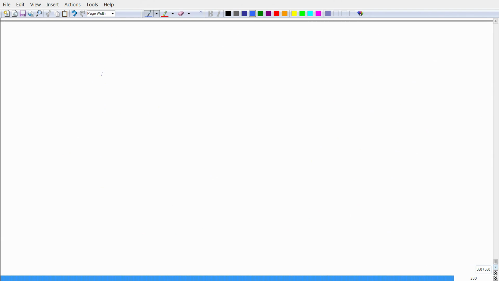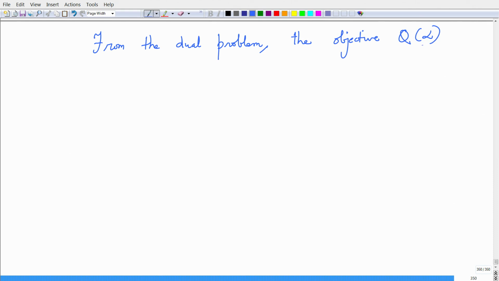Now, from the dual problem, we can set up the objective as follows. The objective Q as a function of the Lagrange multipliers is computed straightforwardly as follows.